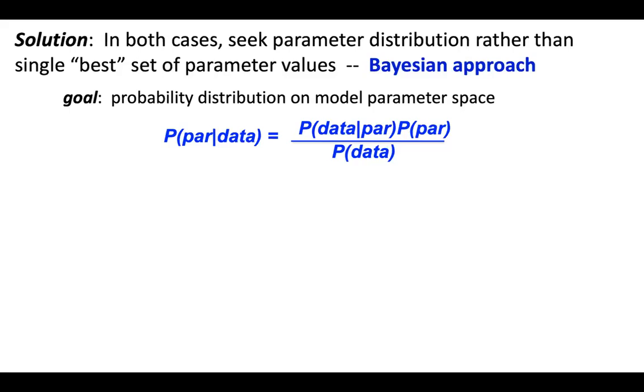On the right-hand side, to compute this posterior that we're interested in, we have a prior distribution. So we need some starting point in terms of how likely the various parameter values are in our minds in the absence of any data to go on.